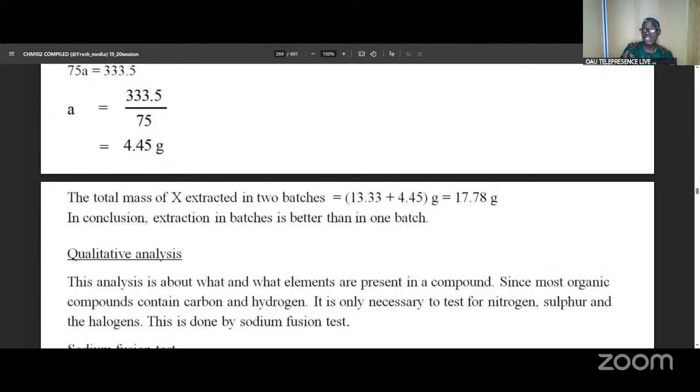You can see that this is higher than what we have in 1 batch. In 1 batch, we are able to extract only 16 grams, but in 2 batches, out of the 20 grams, we have been able to extract 17.78 grams. So in conclusion, extraction in batches is better than in one batch.